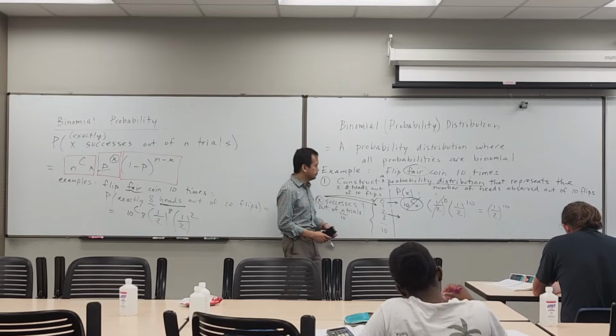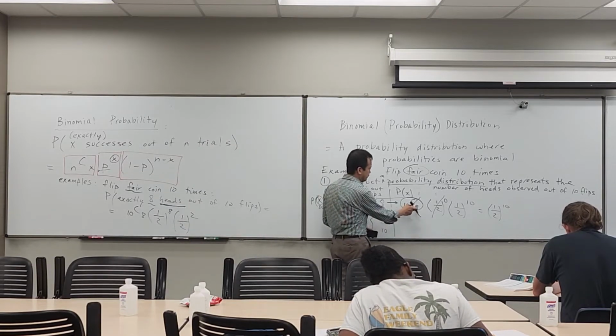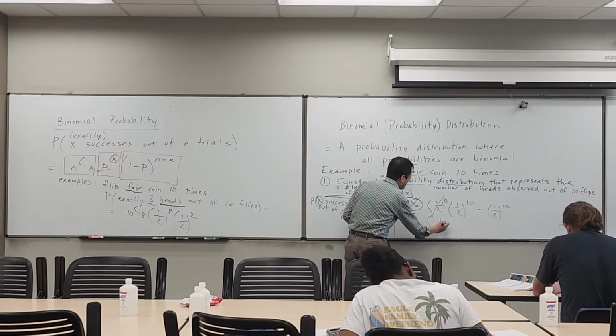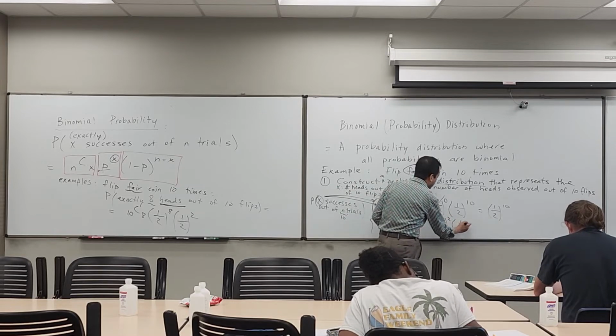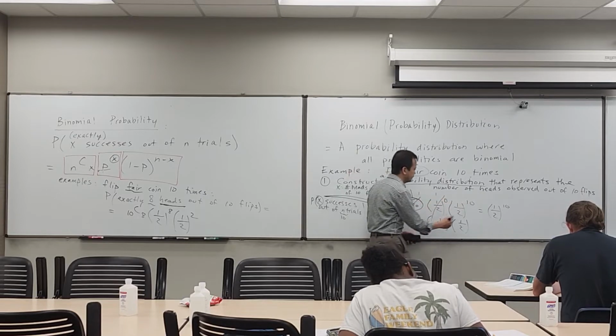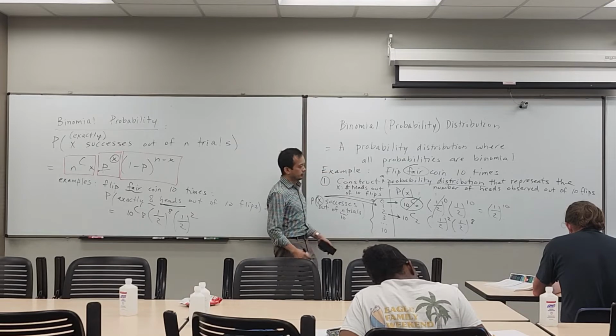Okay, very good. So basically, we're gonna use the same binomial probability formula, but instead of 0 successes, we're gonna have 2 successes. And instead of 10 tails or 10 non-successes, we'll have 8 tails. So this is the resulting formula.